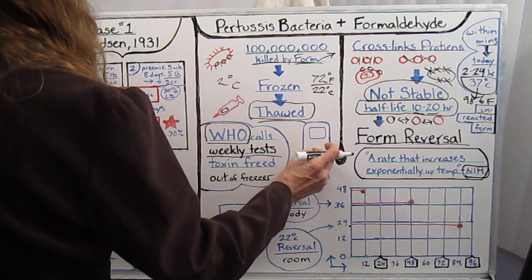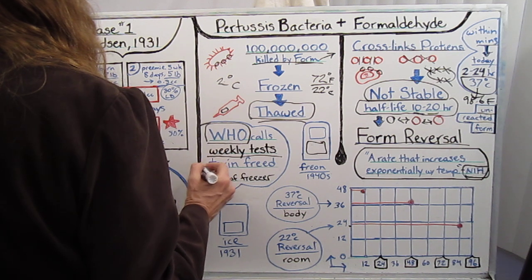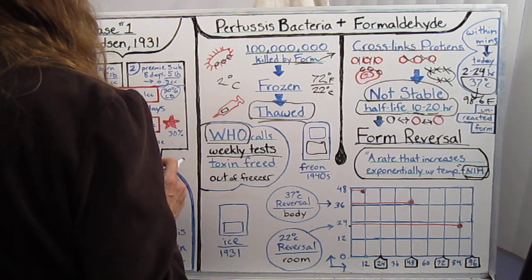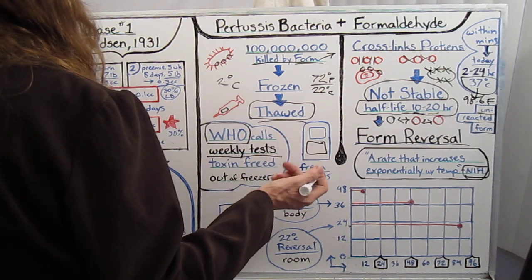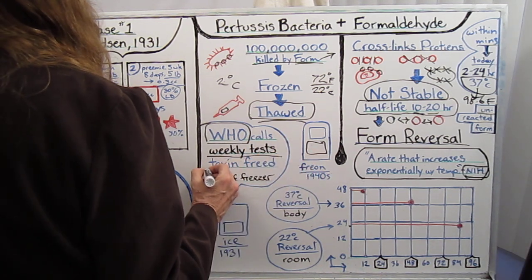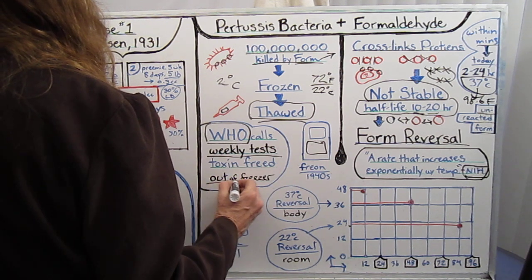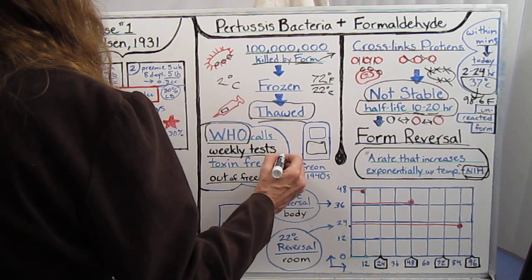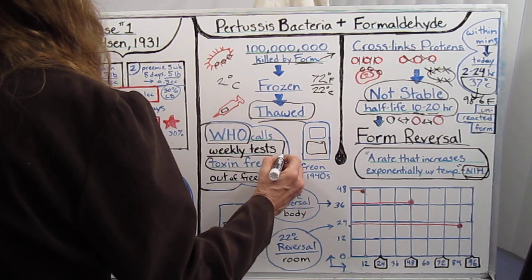Once you take them out of the freezer into the refrigerator to start to thaw out, they can sit there for weeks or months, depending on the manufacturer's notes on the product. Toxin is being freed once it is taken out of the freezer. Thus, you have to have weekly tests of how much toxin has been freed. That is what they test for.